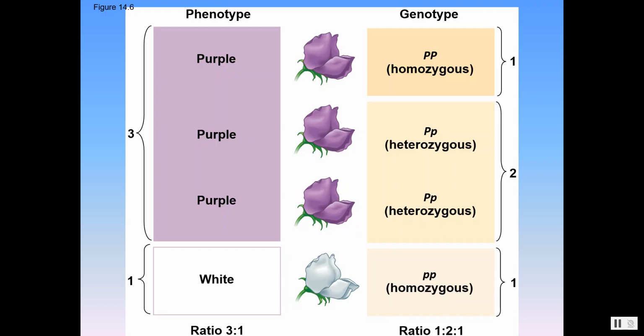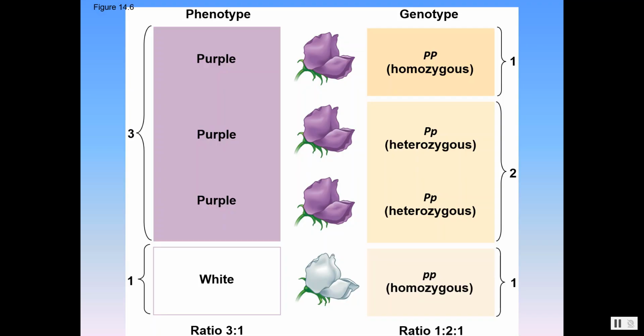It says capital P, homozygous. Homozygous means they are two of the same purple genes for that plant. The lowercase p represents white, or lack of purple. At the bottom right, you'll see two lowercase p's means homozygous recessive, meaning that white flower has two genes, both of them coding for white.